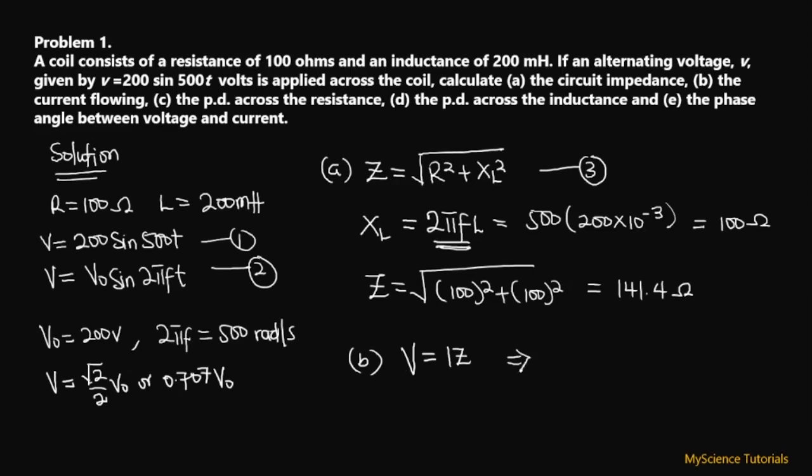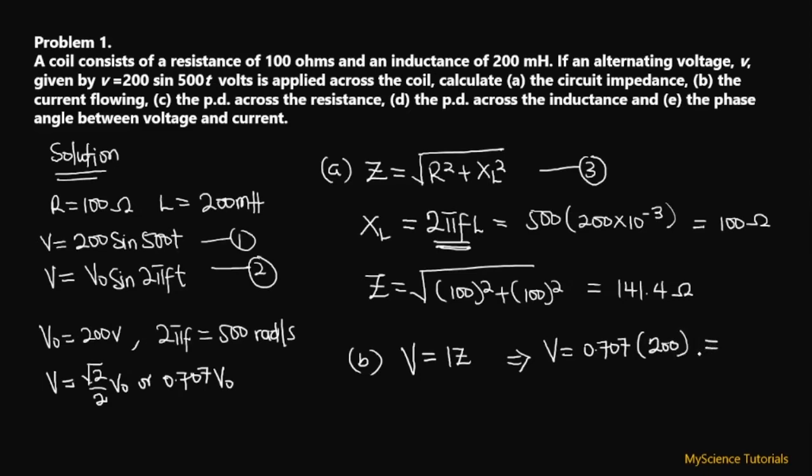But remember, I said that our voltage, which is this voltage over here, is equal to root 2 on 2 V naught, or 0.707 V naught. So I'm going to use the 0.707 multiplied by the V naught, which we got from this expression that has been given to us in the question. And we established the fact that the V naught, comparing these two equations, is equal to 200. So this will be multiplied by 200.